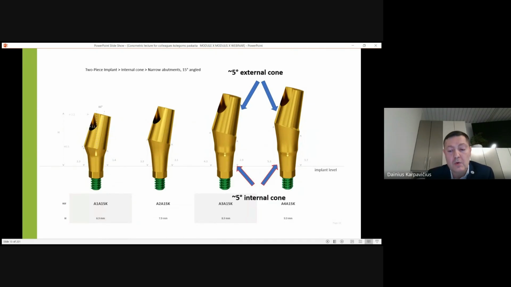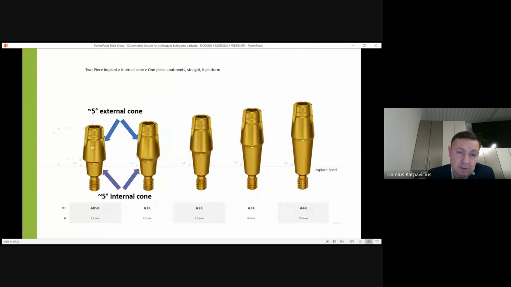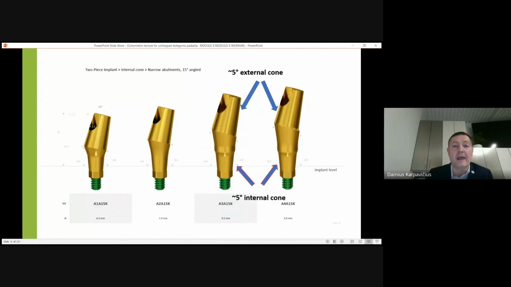Previously, you've seen, if I come back, these types of abutments are solid, monolithic, but we have as well angulated abutments that are made also for conometric.